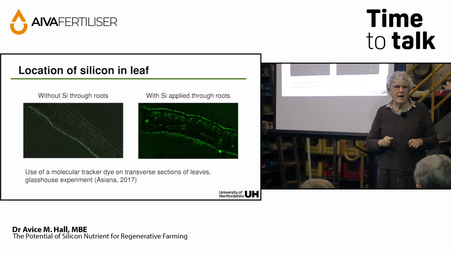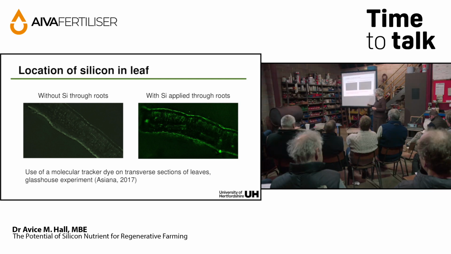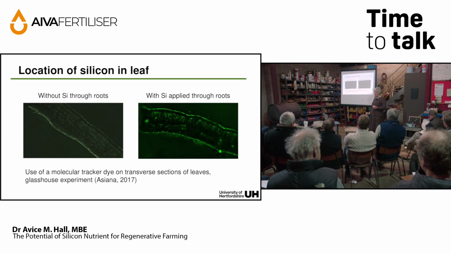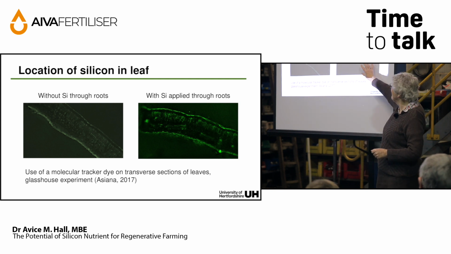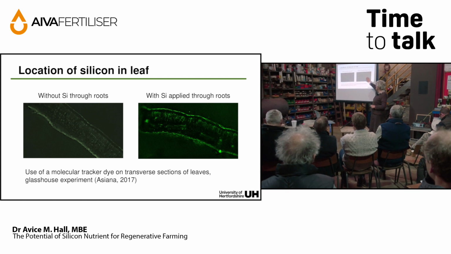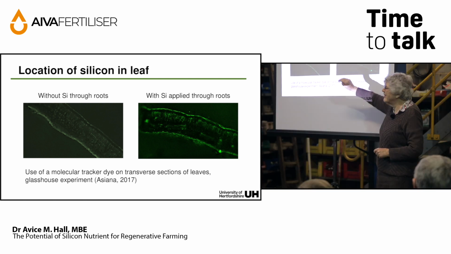And so you can get a physical measurement of how much glow you've got. And you can do your statistics if you're that keen. And you can show that with the silicon, you've got more silicon in the plant than there.